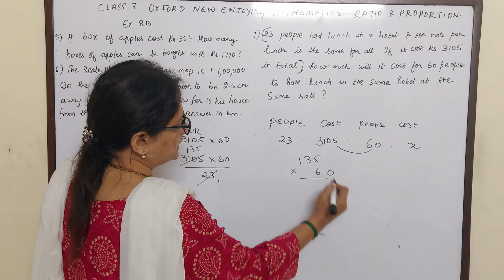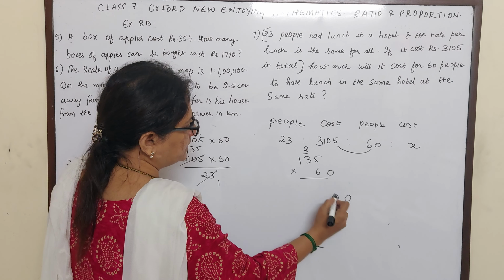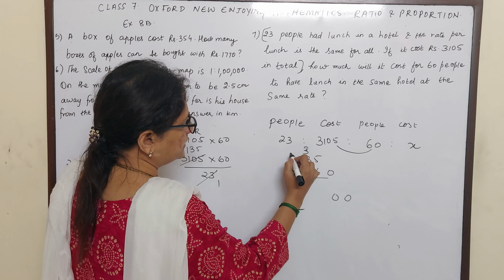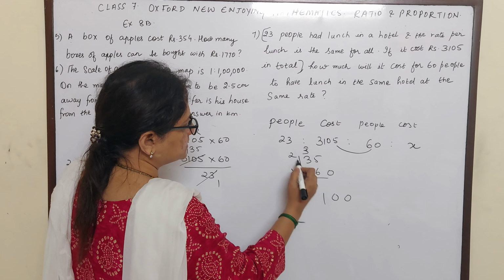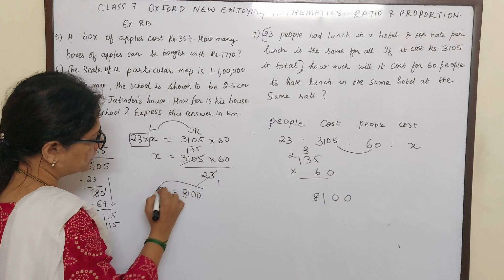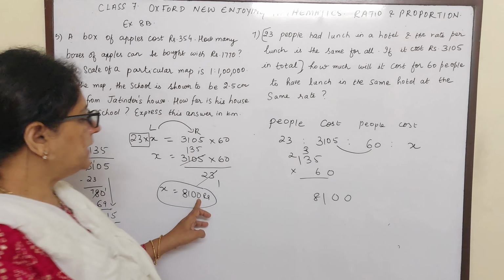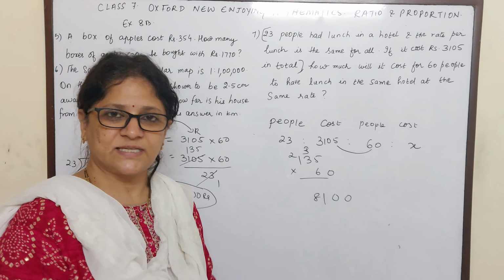So keep 0 extra. 6 5s are 30, 6 3s are 18 plus 3 is 21, 6 1s are 6 plus 2 is 8. So 8,100. That means it cost 8,100 rupees for 60 people.